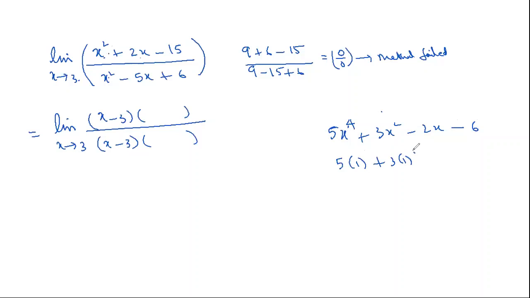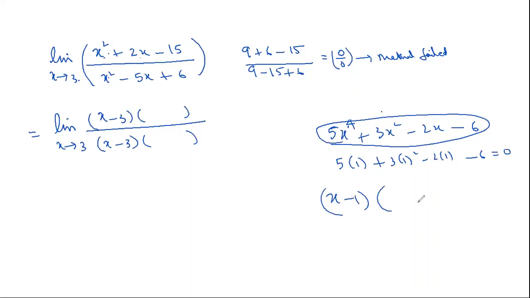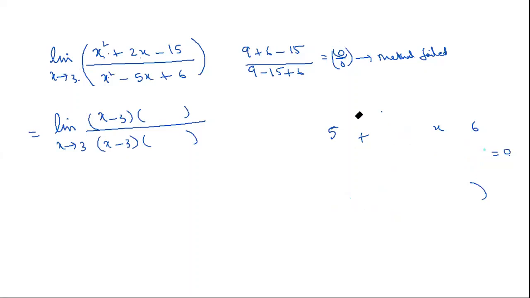I'm getting 0, which means this can be written as x minus 1 into something. This is known as the remainder theorem. When I replace x by 1, if I get answer 0, x minus 1 is a factor of this polynomial. When I put x as 3 here, getting the answer 0, which means x minus 3 is a factor of it. Followed? Yes, sir.